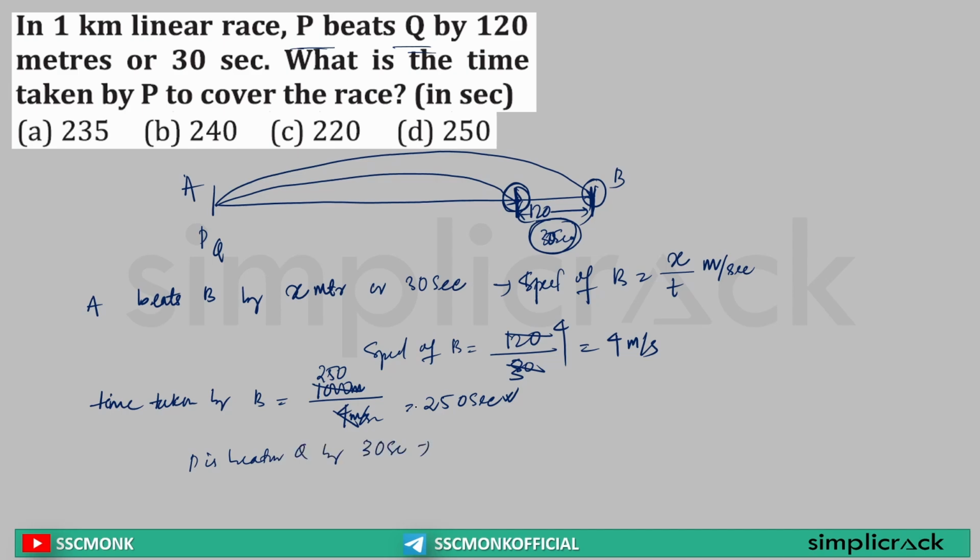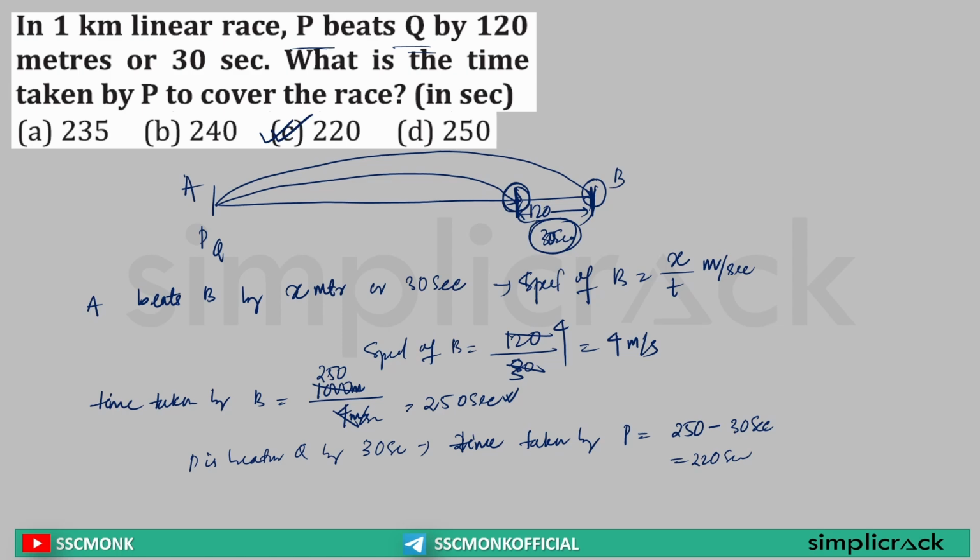That means P is reaching the point B 30 seconds before. So the time taken by P will be equal to 250 minus 30 seconds because it is reaching 30 seconds earlier, which is equal to 220 seconds. Answer is 220 seconds. Clear? Yes or no? Tell me.